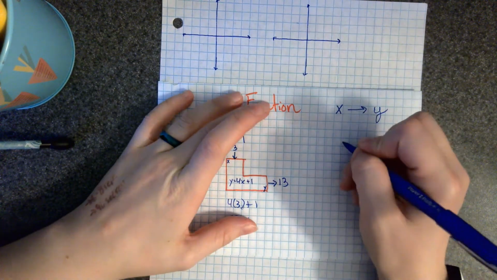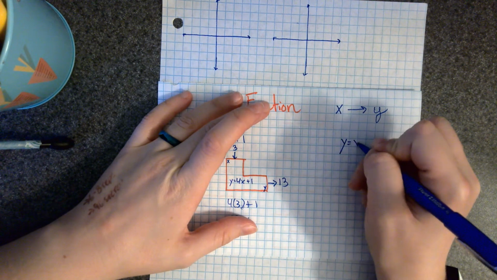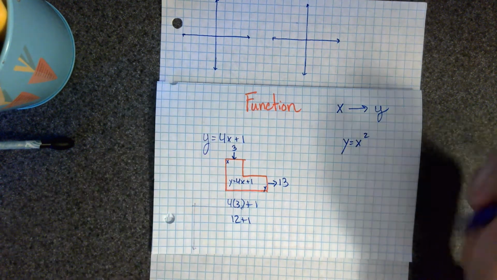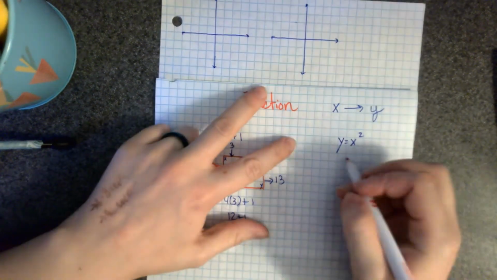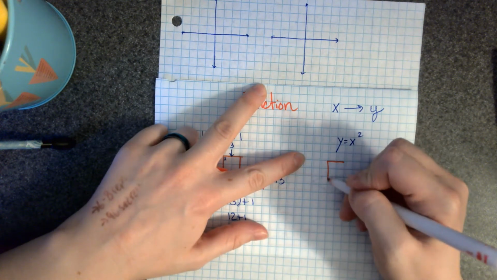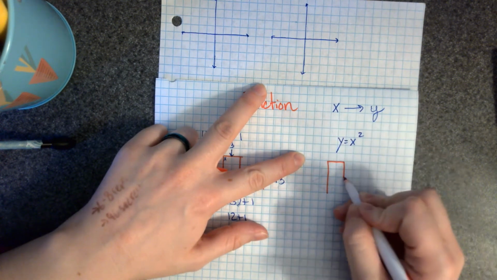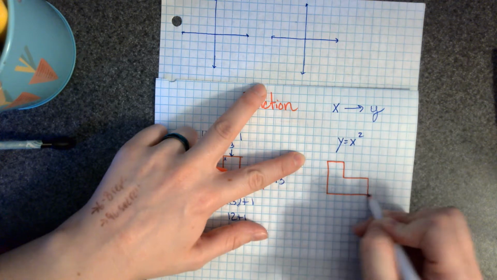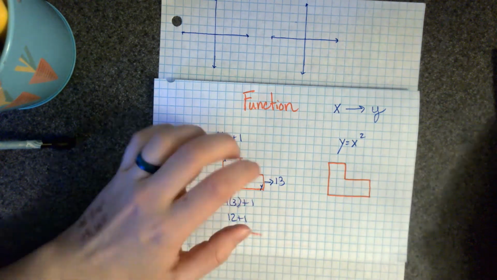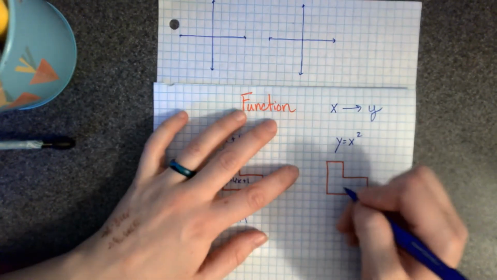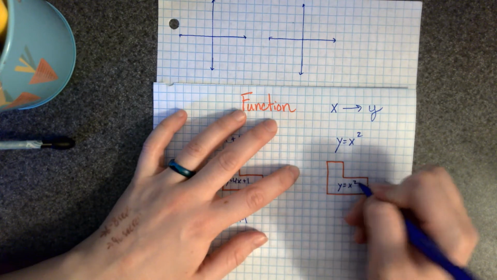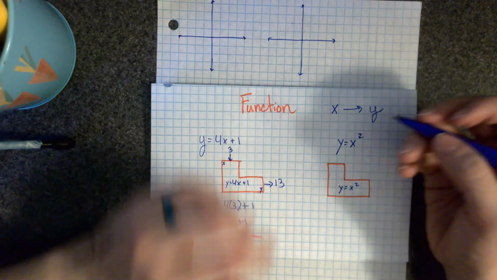Same goes for something like y equals x squared. We've seen these guys a couple times. If we do a function machine for this, let me draw my little machine. Then whatever I stick in, I should only get one out. So let's come up with a random number.